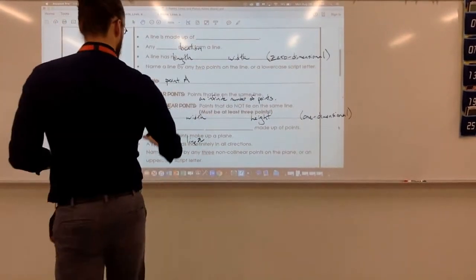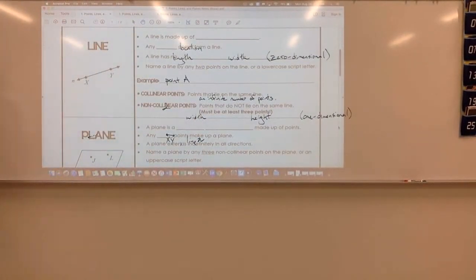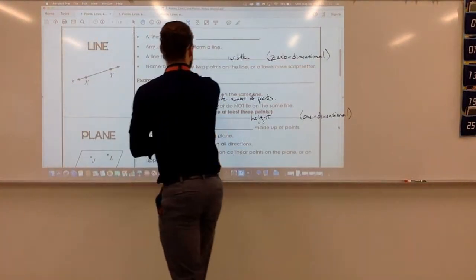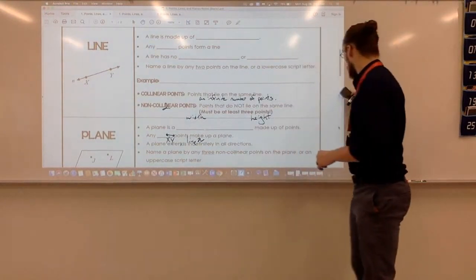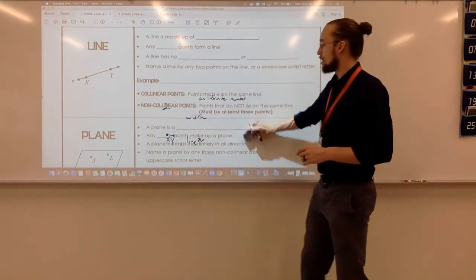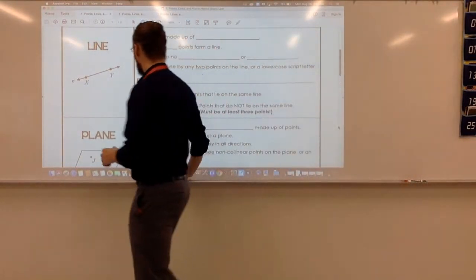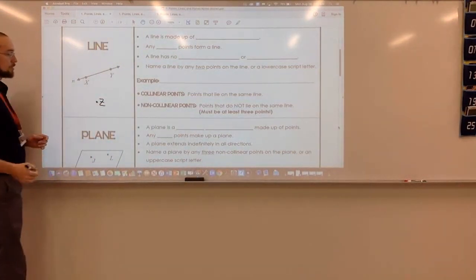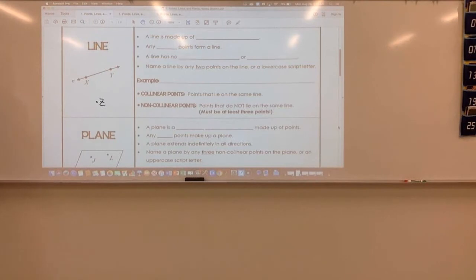Notice the note underneath of non-collinear. It says must be at least 3 points. Why can't I have 2 points that are non-collinear? What if I draw point Z down here? Couldn't I say that X and Z are non-collinear? Why not?